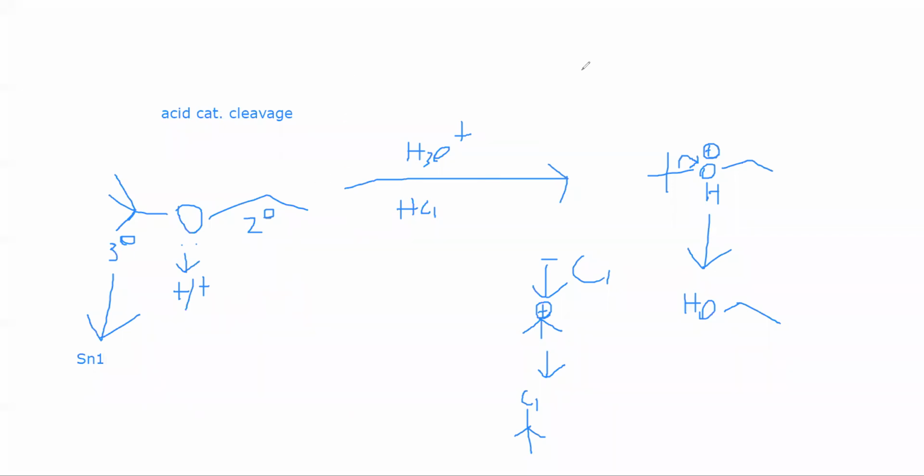However, if you have something like this, where one spot is primary and the other spot is secondary, then it's going to want to do an SN2 kind of mechanism, because one spot favors SN2, the other one doesn't have a preference. So again, we're going to protonate it.